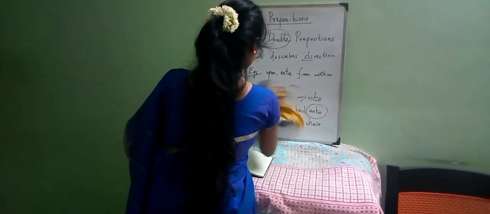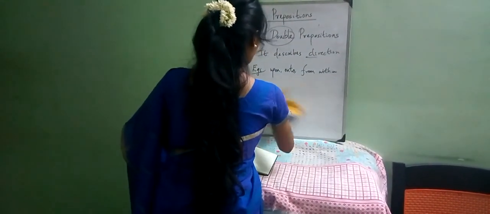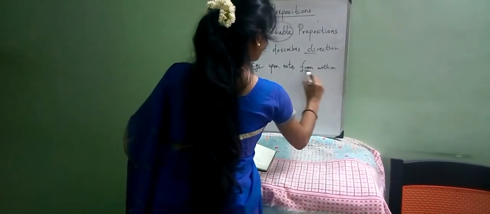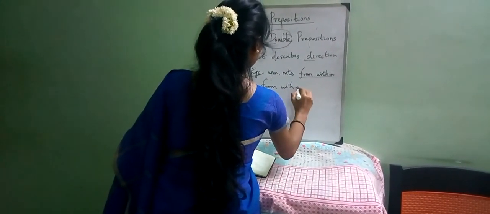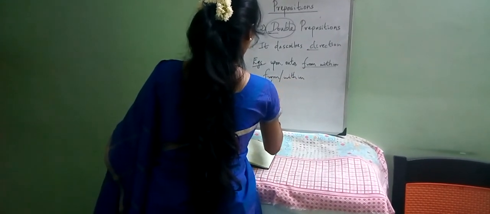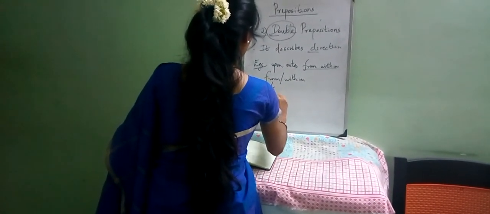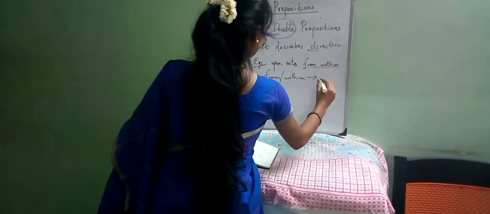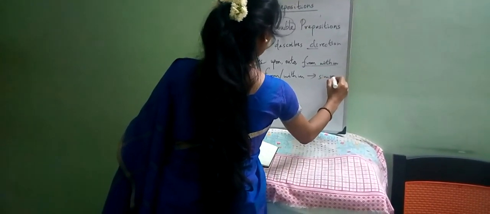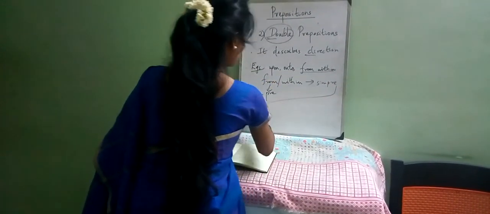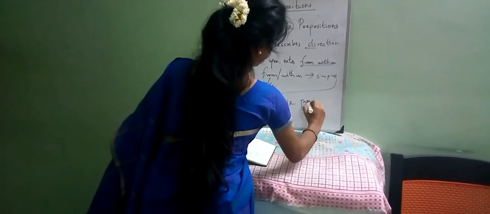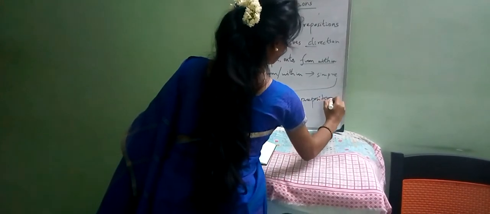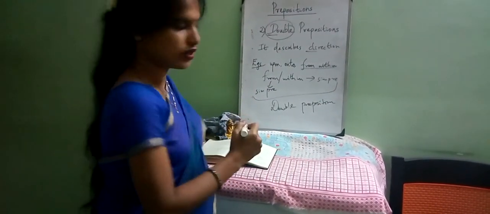So third and the last example is from within. So from within, from is one simple preposition, within is another simple preposition. So together they join to form a double preposition. Okay, so how? I will show it to you in the example.